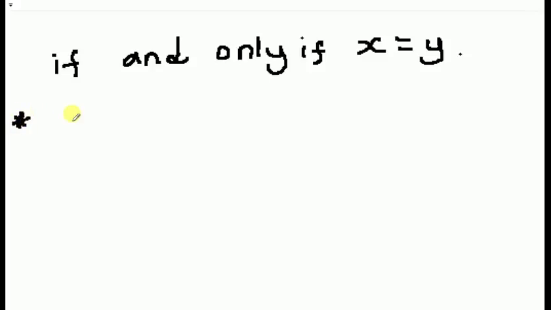So another important factor is that if a is equal to 1, then x and y can differ.